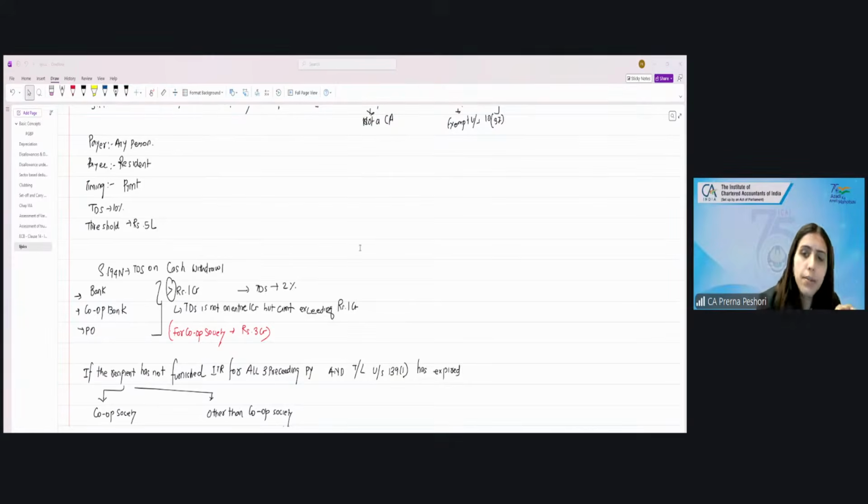So basically, in terms of the bank, cooperative bank, post office, if the withdrawal is done which is more than 1 crore, in that particular case, the TDS will be 2% of the withdrawal amount.